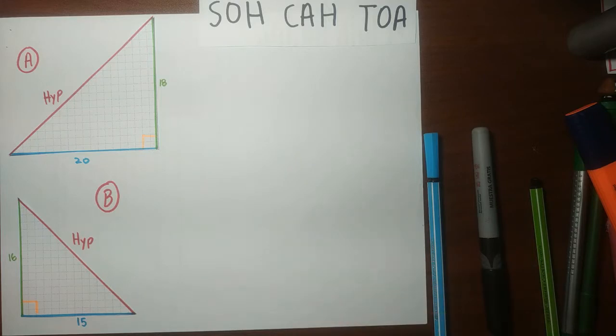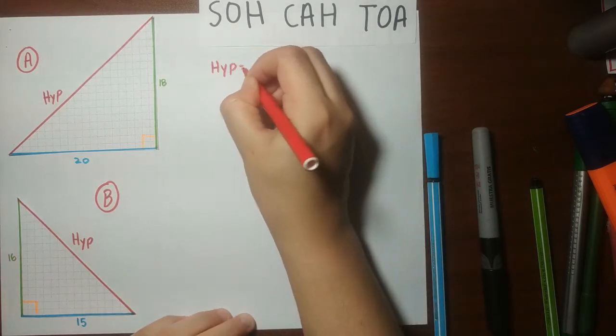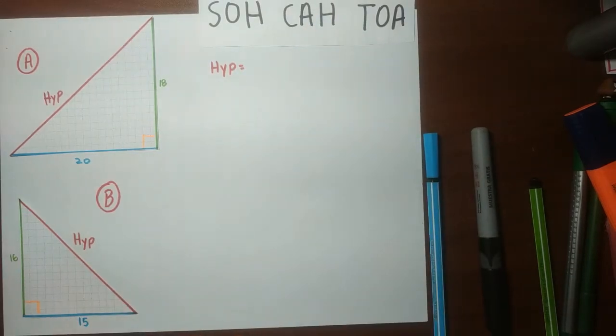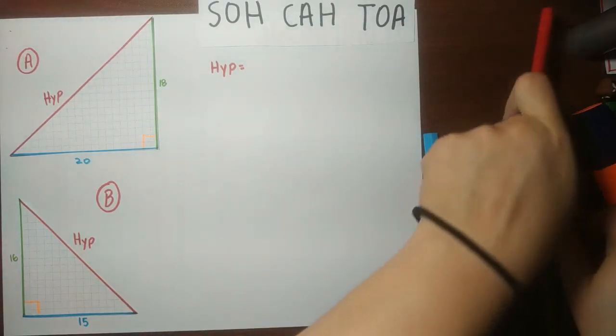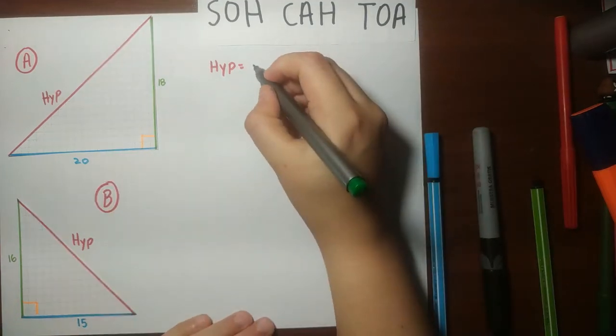So to calculate the hypotenuse, we're going to use the equation that we know as the Pythagorean theorem. So we have the hypotenuse is going to be equal to the square root of the legs raised to the second power.